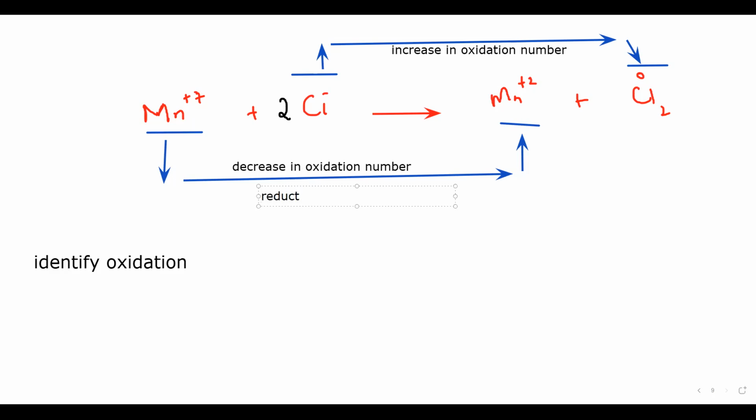And for chloride, the charge increased, so we call that oxidation. So identify oxidation, for which substance oxidation happened, that happened for chloride. And identify the reduction, for which substance reduction happened.